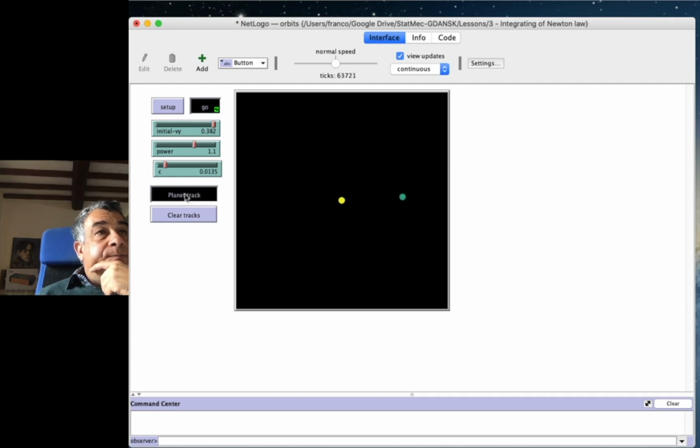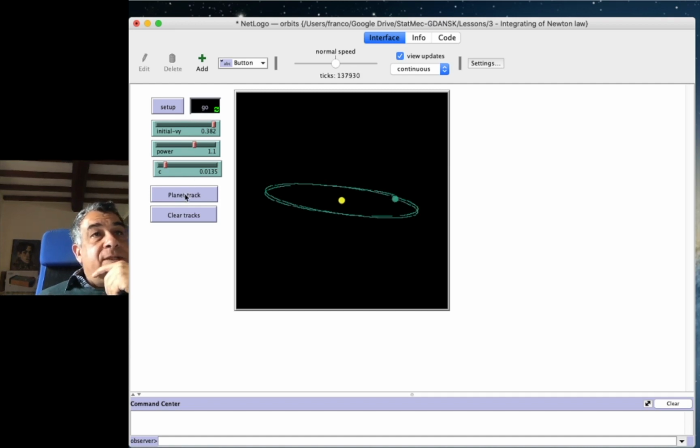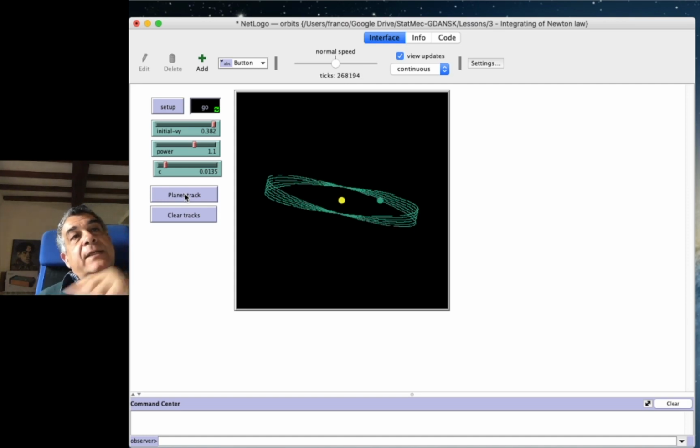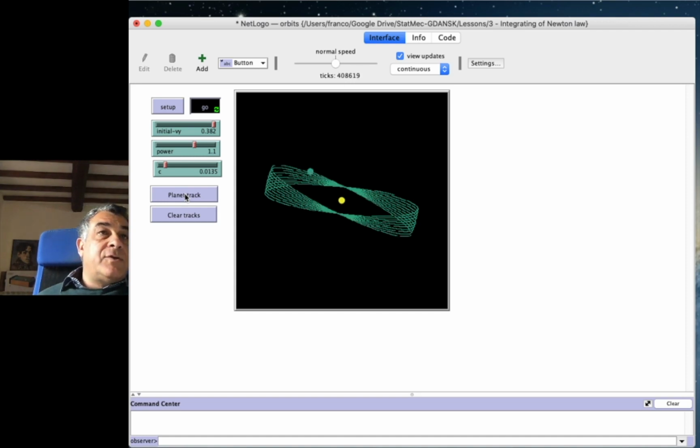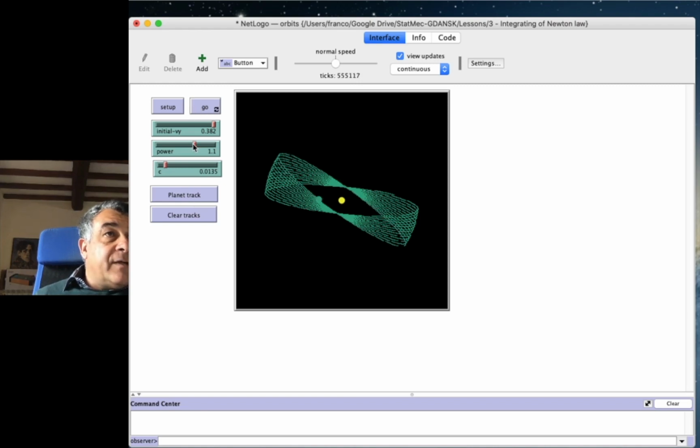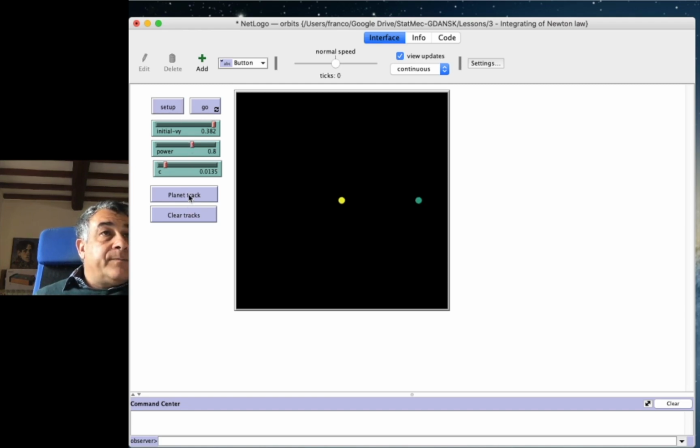And now we can check that if I have even some power which is slightly larger than 1, you can see that now the ellipse, this is the harmonic motion, starts to tilt. The same happens if I have something which is, say, below 1.